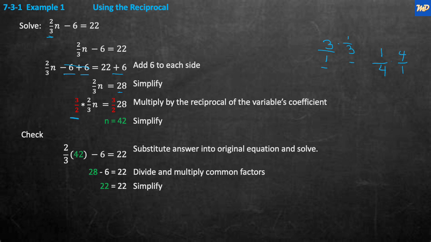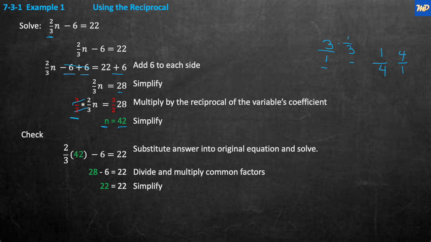So 3/2 times 2/3 n is equal to 3/2 times 28. In this case, these cancel out and it becomes 1n. And if we take 28 and divide by 2, we get 14, and 14 times 3 is 42.